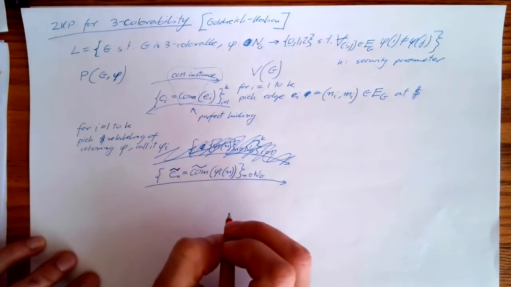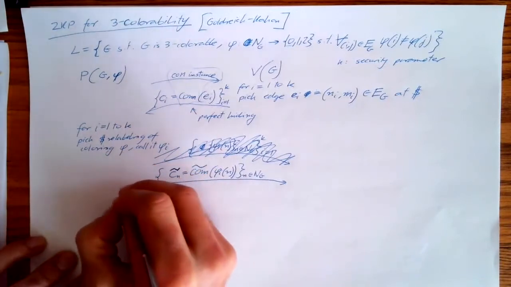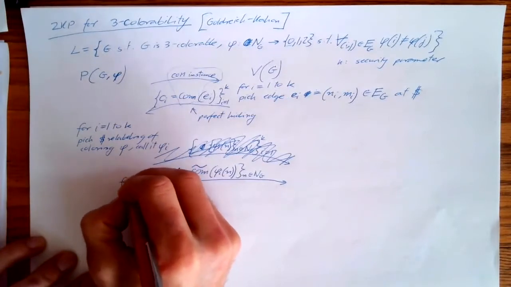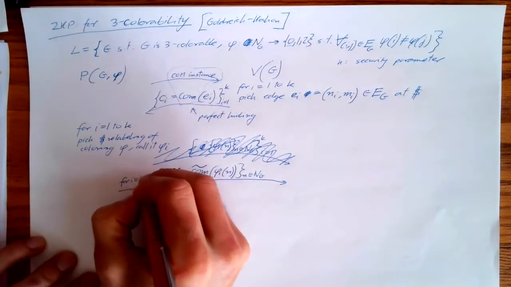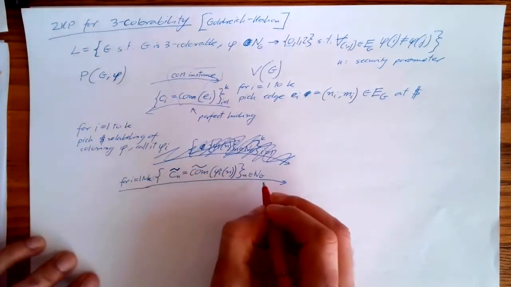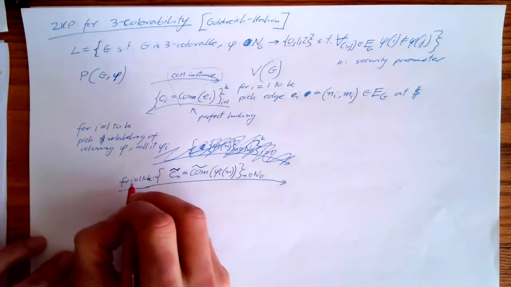Very basically, let's not have nasty notation, but just say that for I equals 1 to k, the prover sends the set of commitments for every I.